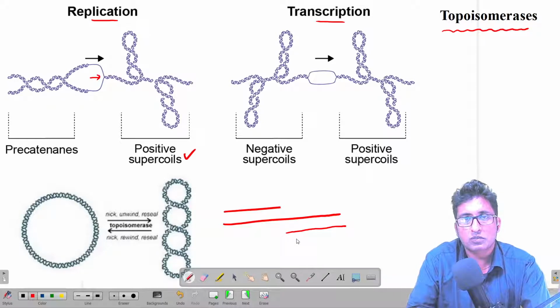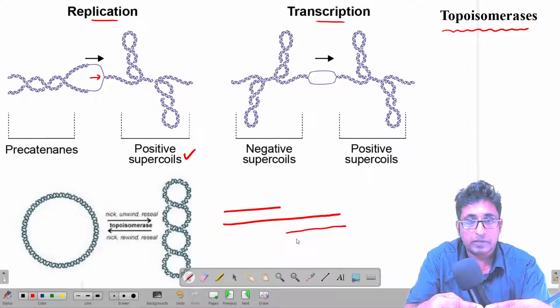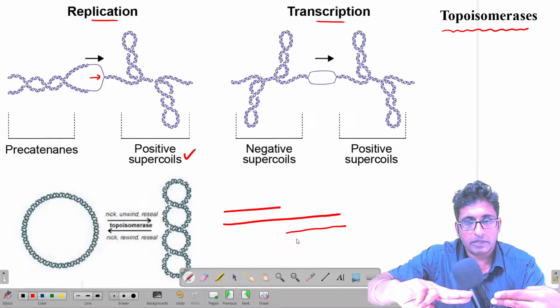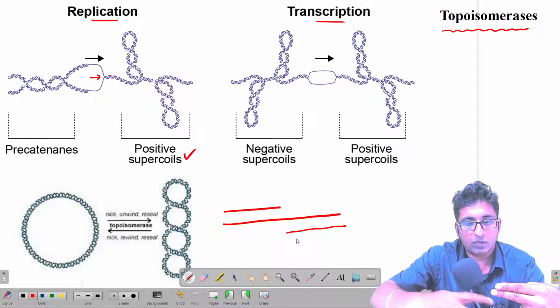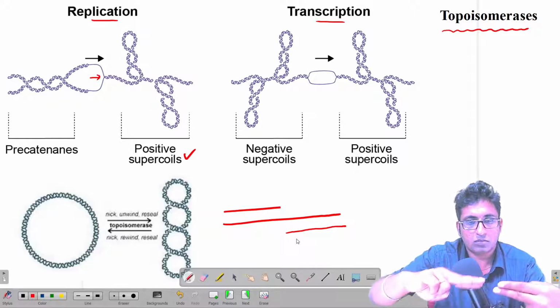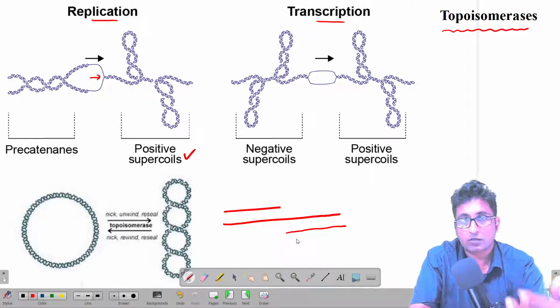There are also topoisomerases 2, which will actually make a double strand break, allow the other DNA to pass through, and then rejoin them. That is an active process.